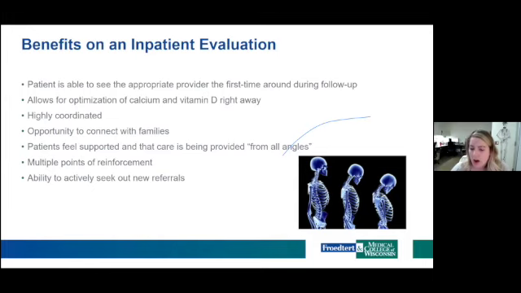It still sometimes happens, but we're able to reduce that. So it avoids us looking like we're passing the buck to the patient, where we get them to the right place the first time. It allows us to optimize the calcium and vitamin D right away.